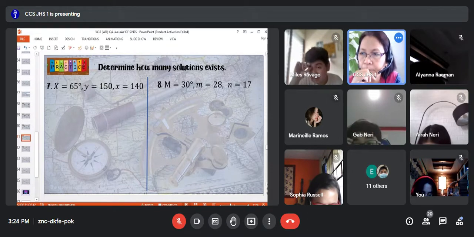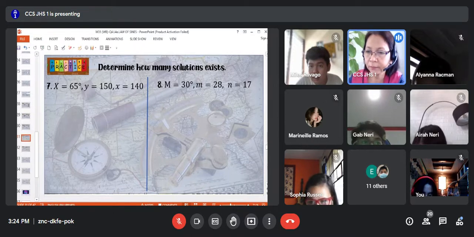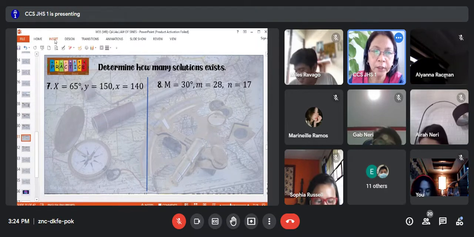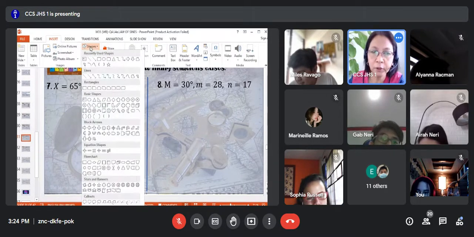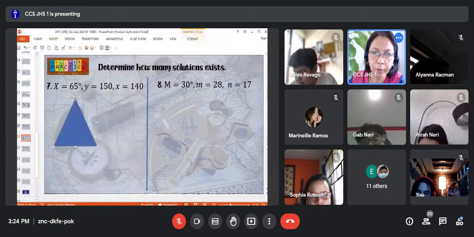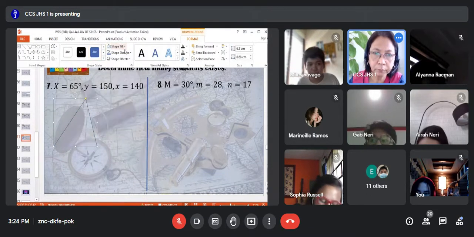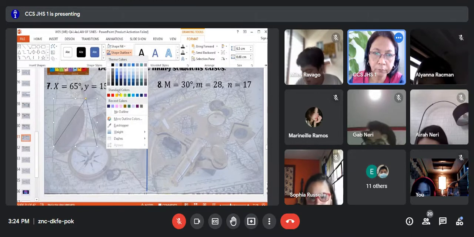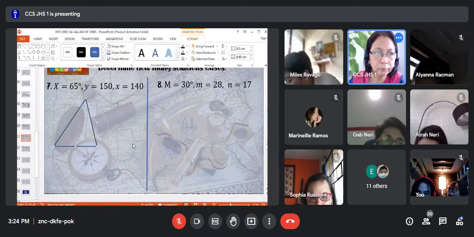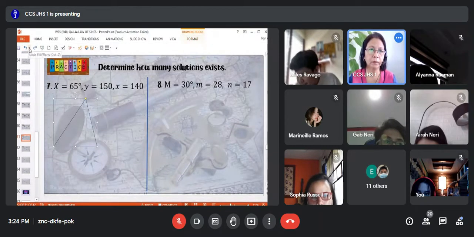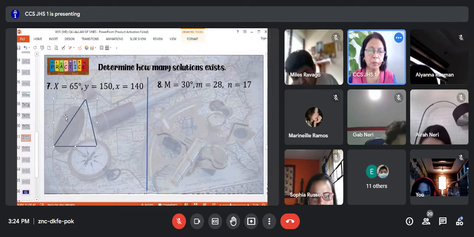2 solutions. Okay, 2 solutions. Do you agree with Miles? 2 solutions. Okay, let's draw our triangle so we can identify the given information. Let's label our vertices.